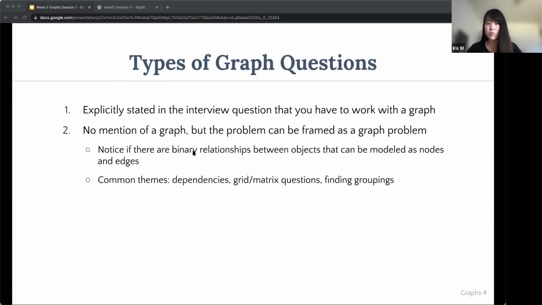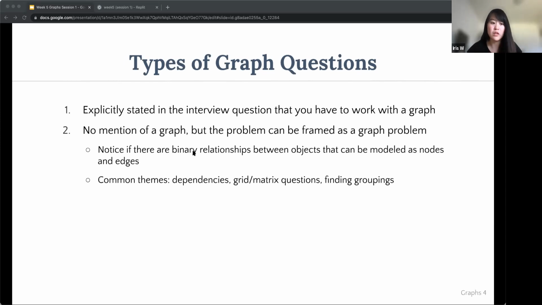So you'll probably be seeing more of these just because there are a lot more of these type of questions, and generally in real interviews, you'll get a lot more of these types of problems, the more abstract, less explicit graph problems, but you'll get practice with both of these through this week and next week.